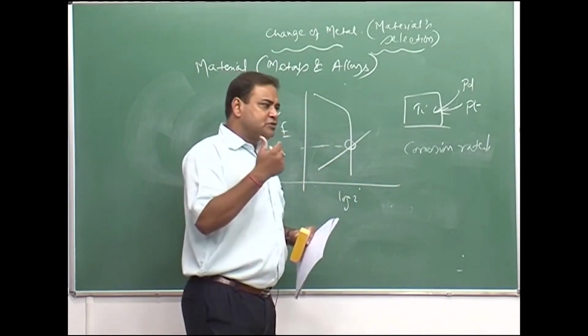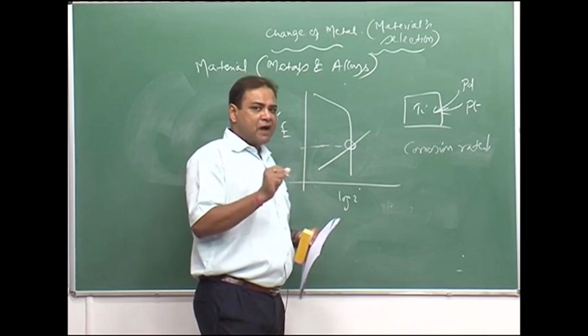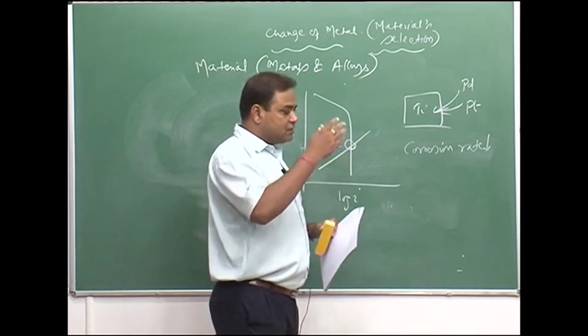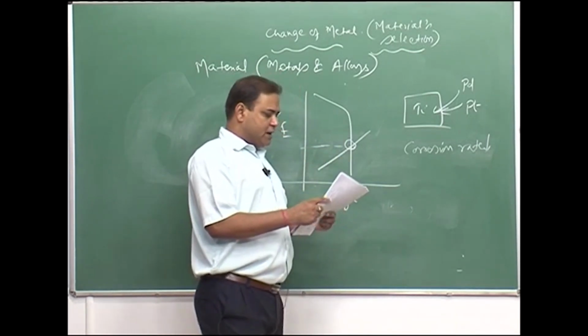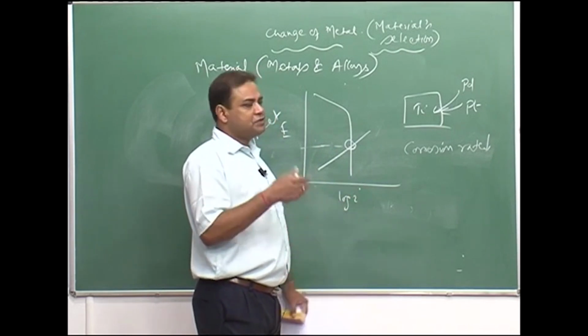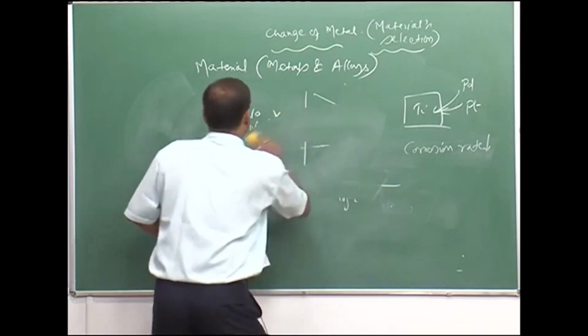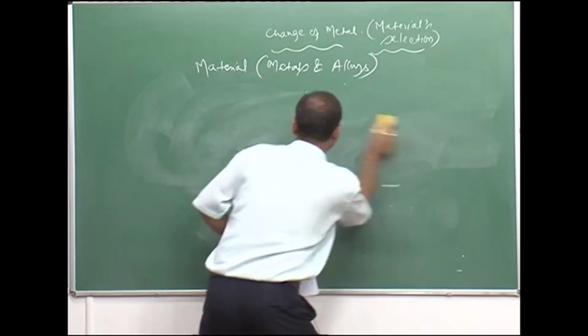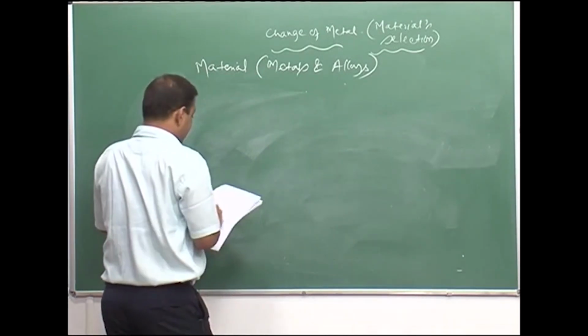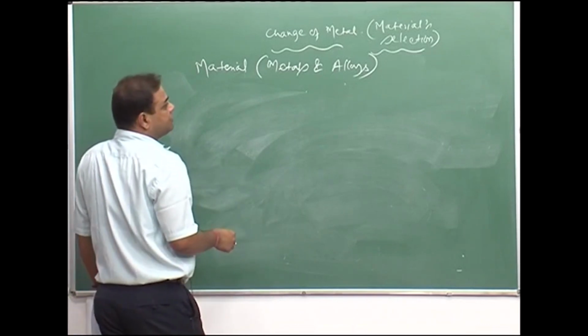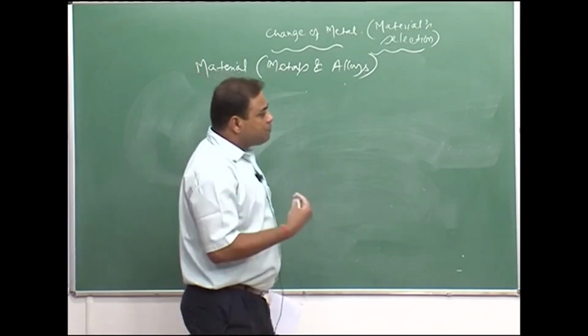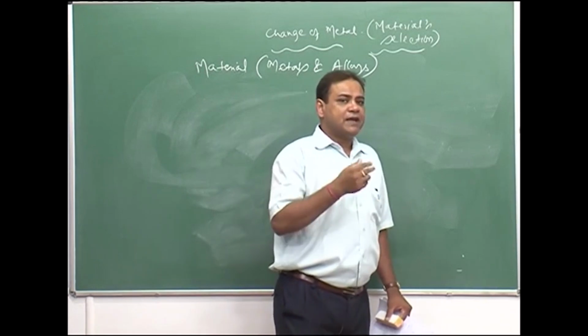Same way, copper addition is done in iron, the copper improves the passive film, the rust which is forming. So, the fifth effect would be the improvement of corrosion resistance by alloying.